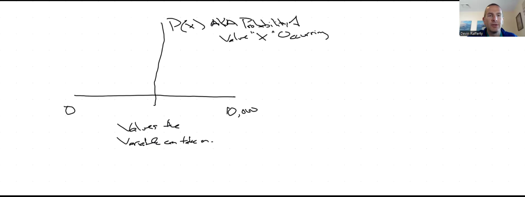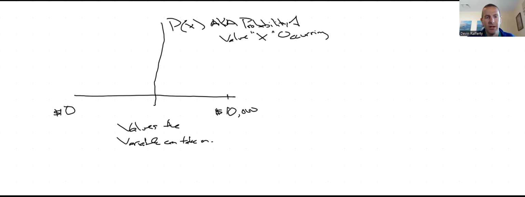And then on the horizontal or the X axis, we have the values that the variable could take on. What do I mean by this? Well, IBM stock in theory could be $0. It could also be $10,000 in theory. But are you really going to see IBM stock be worth 10 grand?